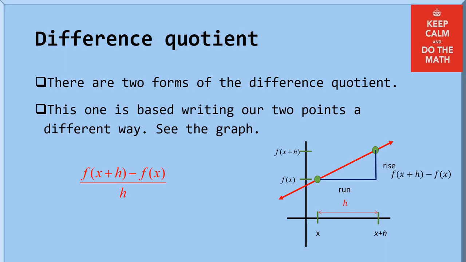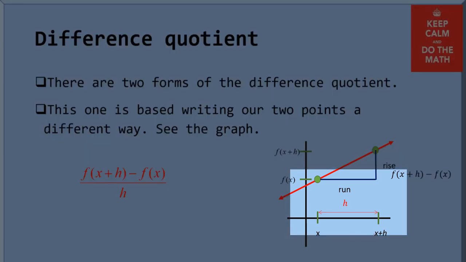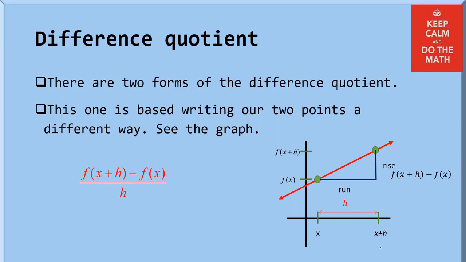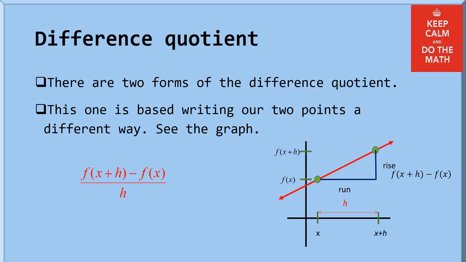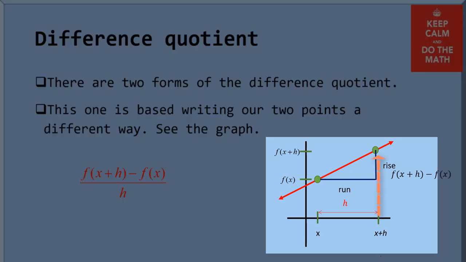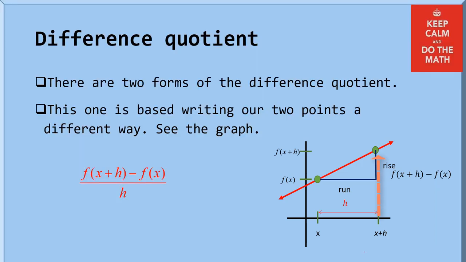But then I pay attention to the distance between x and the next point, if I go horizontally, that distance I'm going to mark with h. So the next point is simply the x value plus the distance of h, or x plus h. Now if that x value is x plus h and I go up to the point, I will see that the y value across from it is f of x plus h. So our difference quotient in this format is simply f of x plus h minus f of x over h.